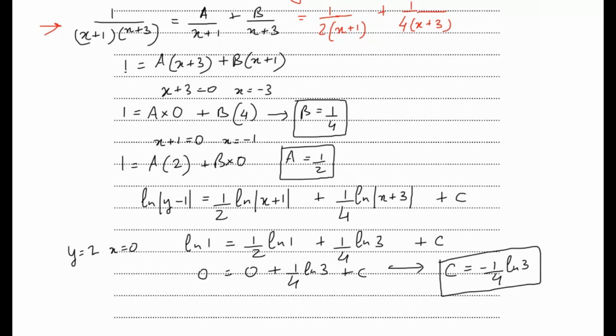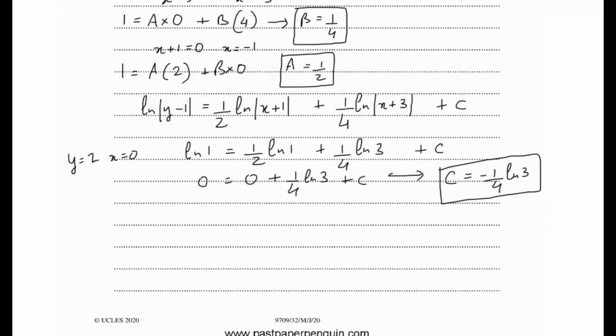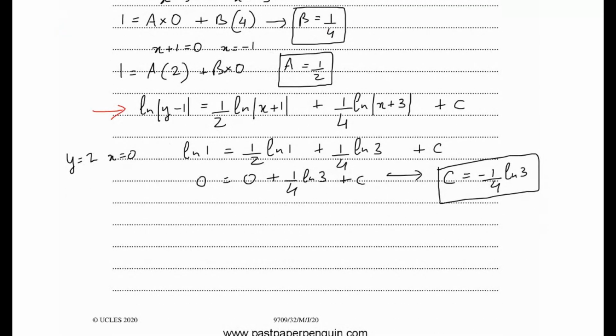Replace that in the equation. So ln of y minus 1 is equal to half ln of x plus 1 plus 1/4 ln of x plus 3, plus c, so that's minus 1 by 4 ln 3.